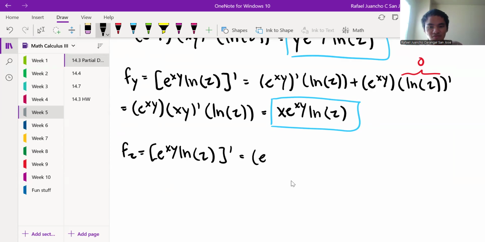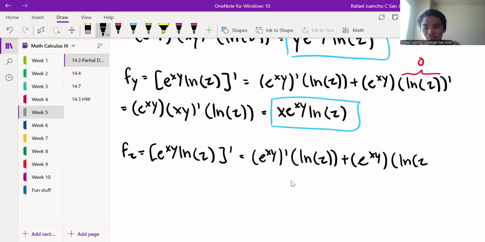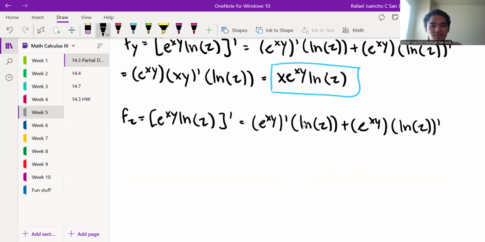So I take the derivative. Okay, I keep taking the derivative. So here I treat my x and y as constants. So this is a number in this case.